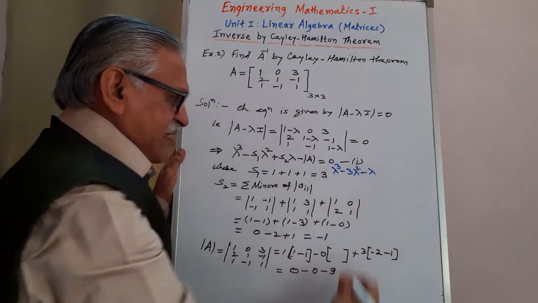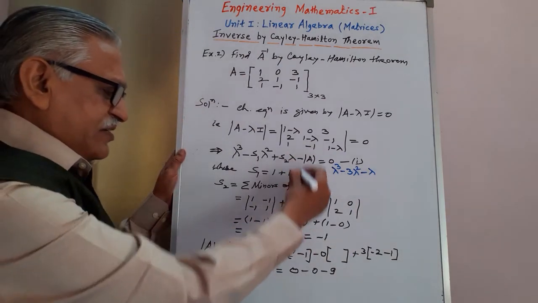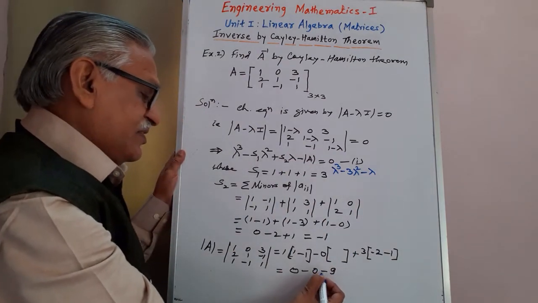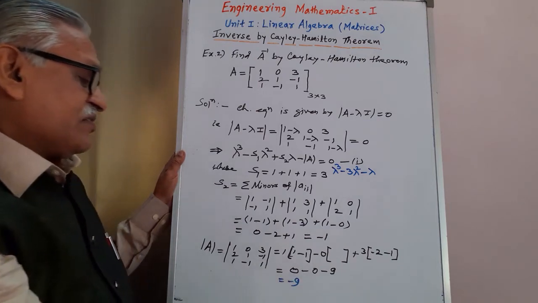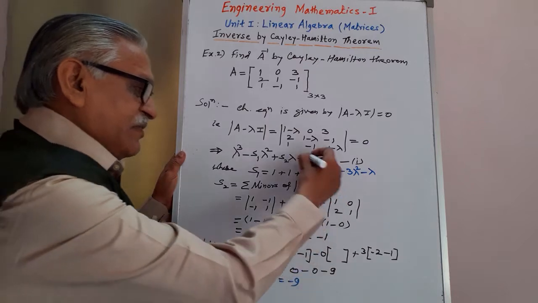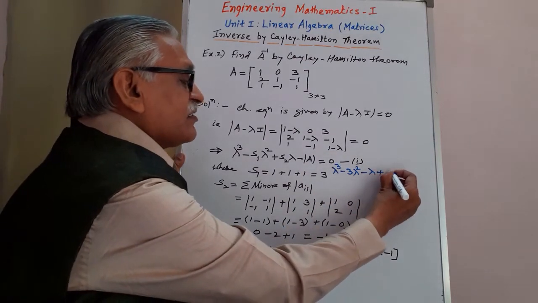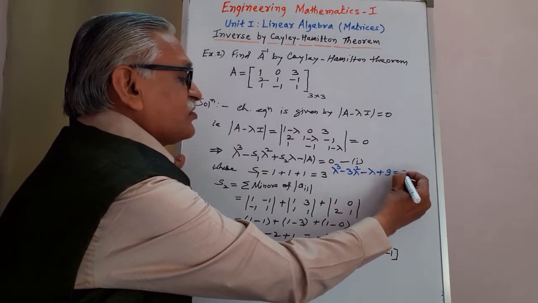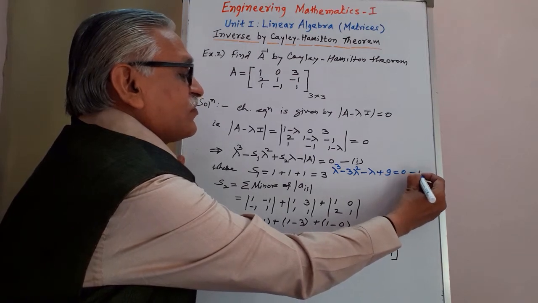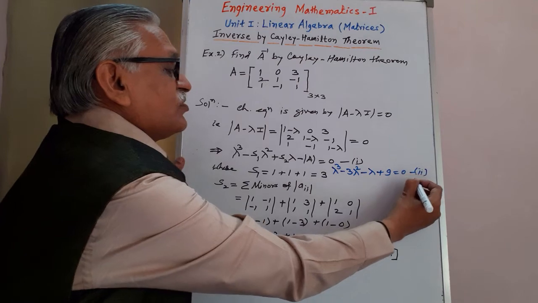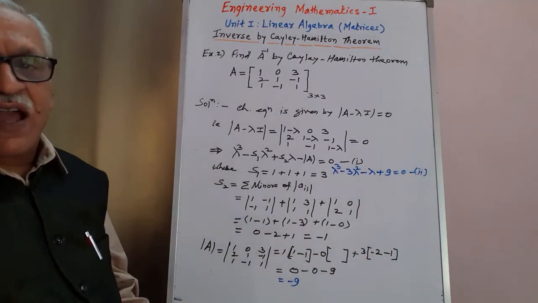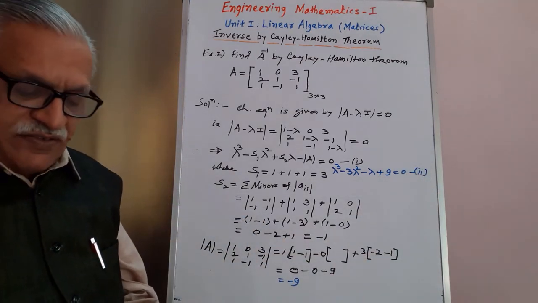Therefore, minus 1 into lambda, and minus determinant of A, it is minus 9. Okay, and therefore that minus and this minus will become plus 9 equals 0. We call this equation 2, the characteristic equation of that matrix.